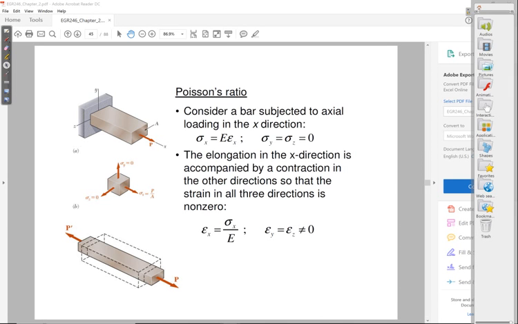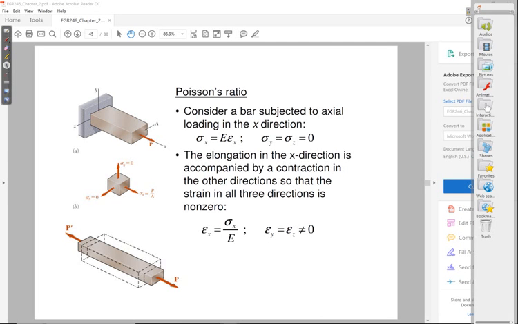And again, just like a lot of things in mechanics of materials, a lot of experiments have been performed, and that's where a lot of these equations are coming from. A lot of these equations, these properties, these definitions come about from pure observation.